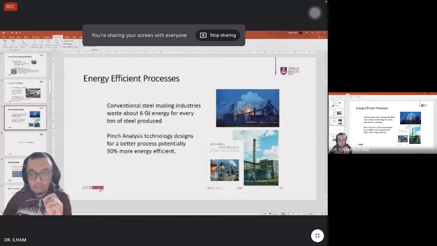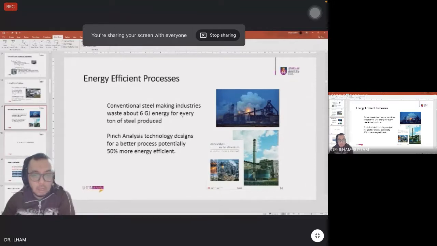Ini sebabkan dia besi, nak meltkan besi, gigajoule. This is every ton, but you imagine kalau setahun tu dia beribu tan, so berapa gigajoule. So they are the industry that has the most benefit lah kalau dia implement energy efficiency.